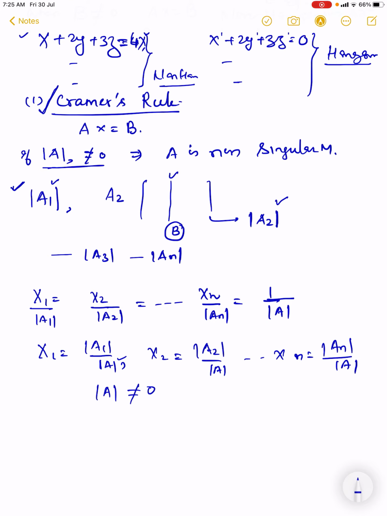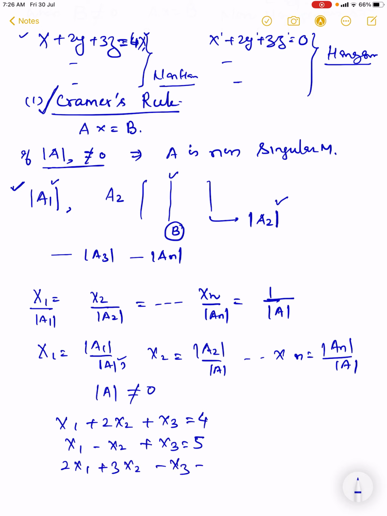Let us consider an example like x1 plus 2x2 plus x3 is equal to 4, and x1 minus x2 plus x3 is equal to 5, 2x1 plus 3x2 minus x3 is equal to 1. So this is the example.